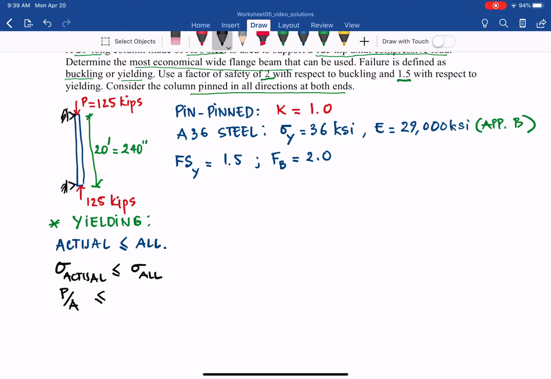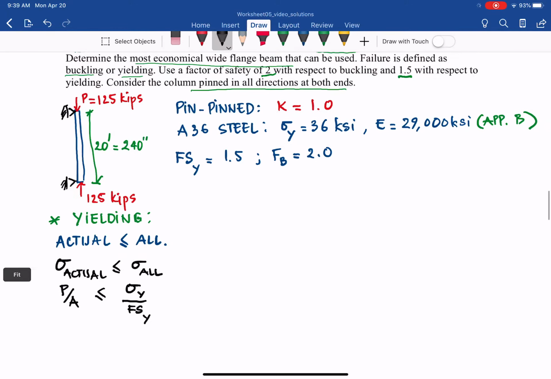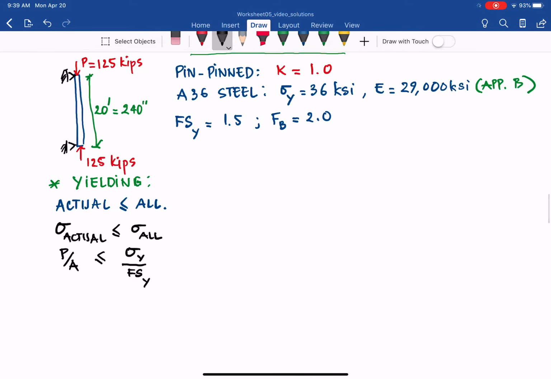So now we have P over A less than or equal to sigma allowable due to yielding. So the failure level is the yielding stress divided by the factor of safety, because the factor of safety equals the failure level divided by the allowable level. So allowable level equals the failure divided by the factor of safety, in that case the factor of safety due to yield. So from that, we can plug in what we have in that equation. P, actual load, 125 kips, divided by area, which we don't know yet.